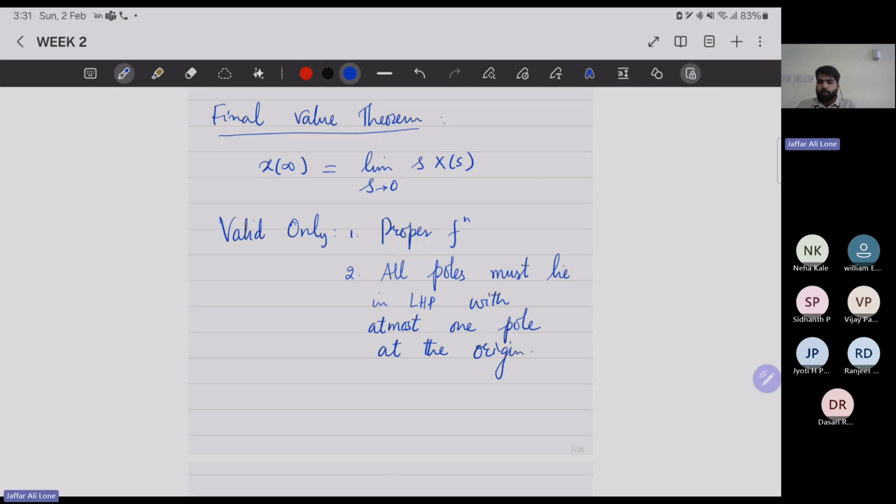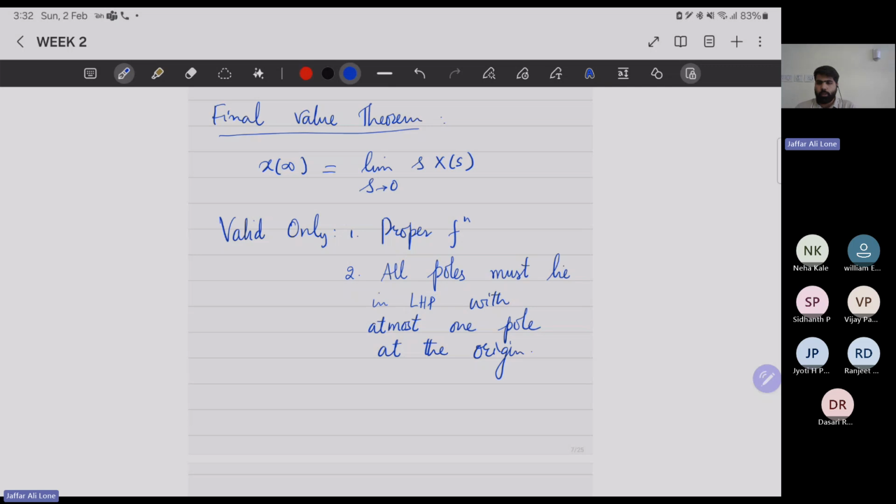So in order for us to apply this final value theorem, the condition is that it should be a proper function, that is, the degree of numerator should be less than the degree of denominator. The second condition is that all poles must lie in the left half plane, or if we have one pole at the origin, that will also be fine.